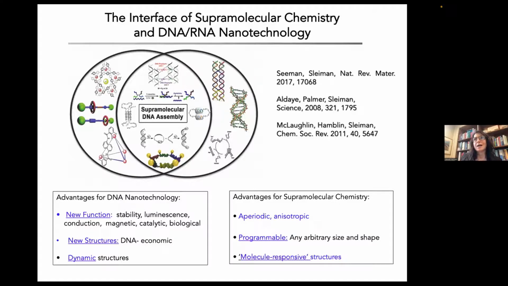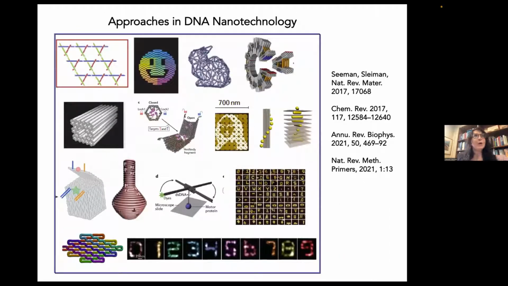As opposed to approaches you might have seen before in DNA nanotechnology, such as DNA origami, where you can create bunny rabbits and the Mona Lisa and all of these very, very complex shapes from DNA.